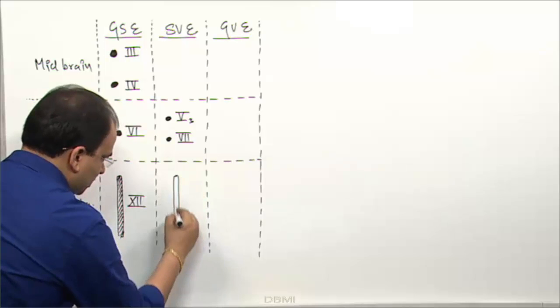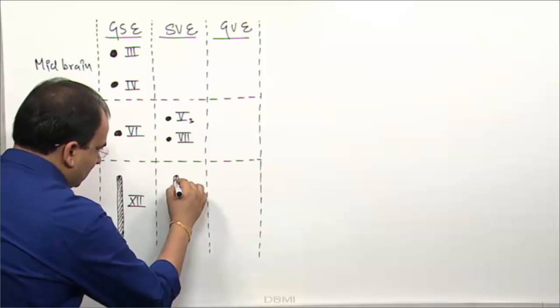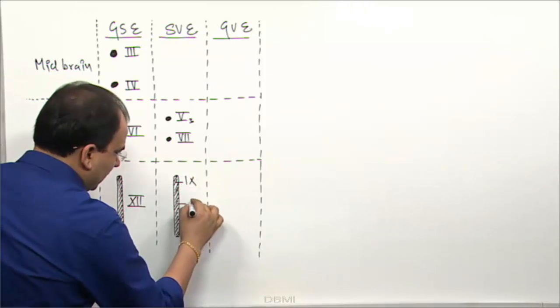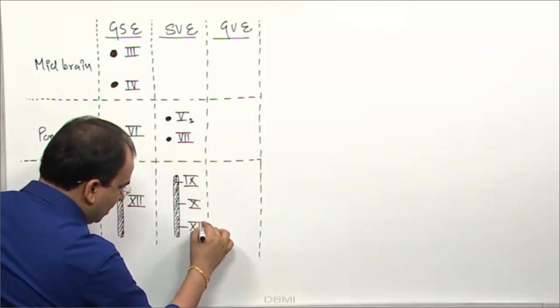So once again we have this column here, but a very important thing to note is that this is the nuclei which is common for the 9th nerve, 10th nerve, and also the cranial accessory nerve.